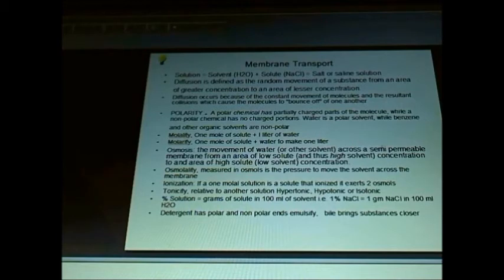So for instance, if you have a 5.85% solution of sodium chloride, that's 5.85 grams of sodium chloride in 100 mils of water.